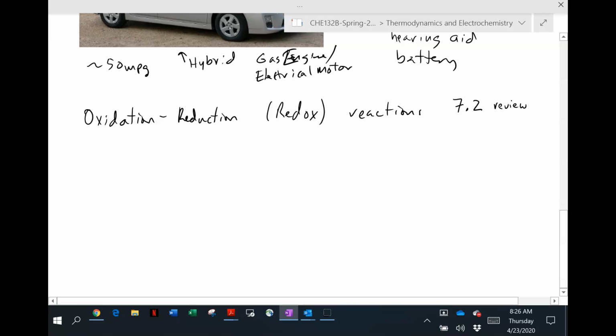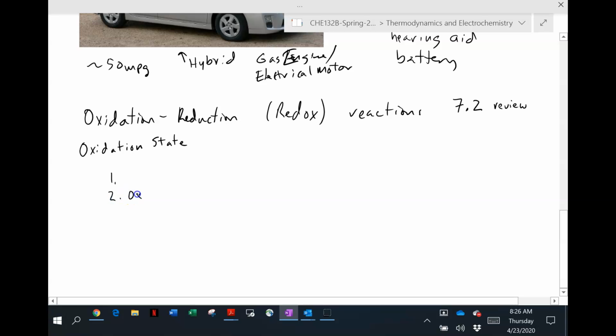To think about oxidation and redox reactions, we first have to remind ourselves about the concept of oxidation state. Oxidation state is kind of like charge.